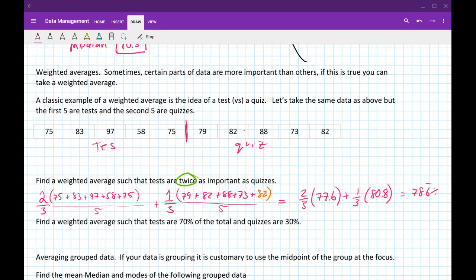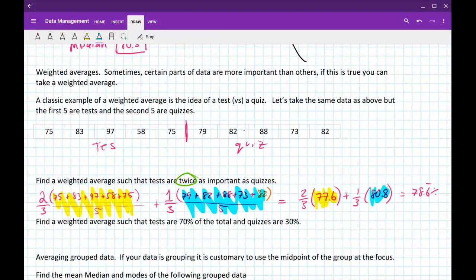All right, so I went ahead and did that, and I just want to show you, you're going to want to do this in a sort of particular way. This section here is the average of 5 tests, and it's this. Okay, and then this section here is the average of 5 quizzes, and it's that.